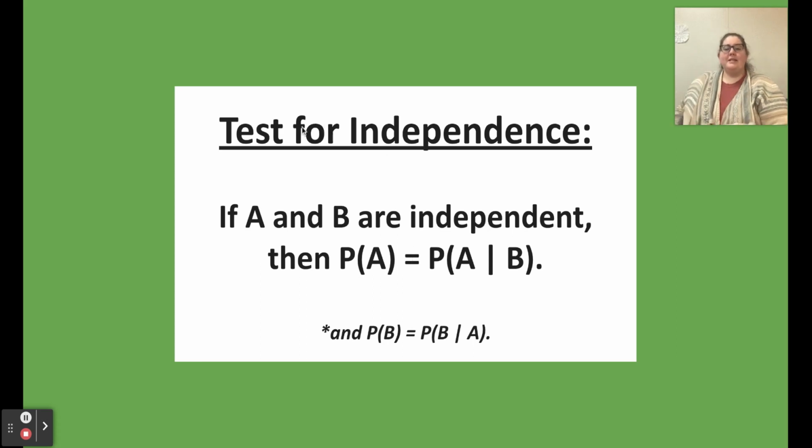The test for independence says that if A and B are independent, then the probability of A is just going to be equal to the probability of A given B. In other words, B is not affecting A. So the fact that B is given does not have any effect or change on the probability of A. Probability of A given B is just going to be equal to whatever the probability of A is, because B is not affecting A. And the same could be said the other way. Probability of B would just be probability of B given A, because A is not affecting B. They're not affecting each other, so given doesn't really change that probability.